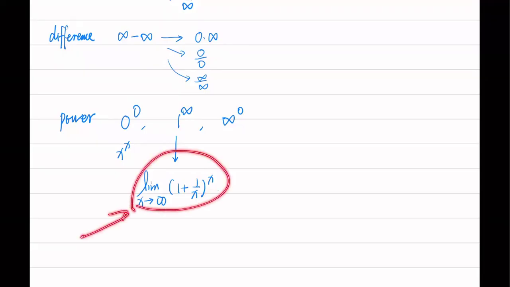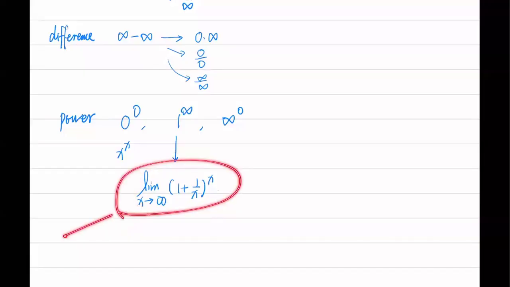I think we have seen this before, but I want to check. Can you see this? Do you have some vague memory of this one? Okay. How do we find this limit?